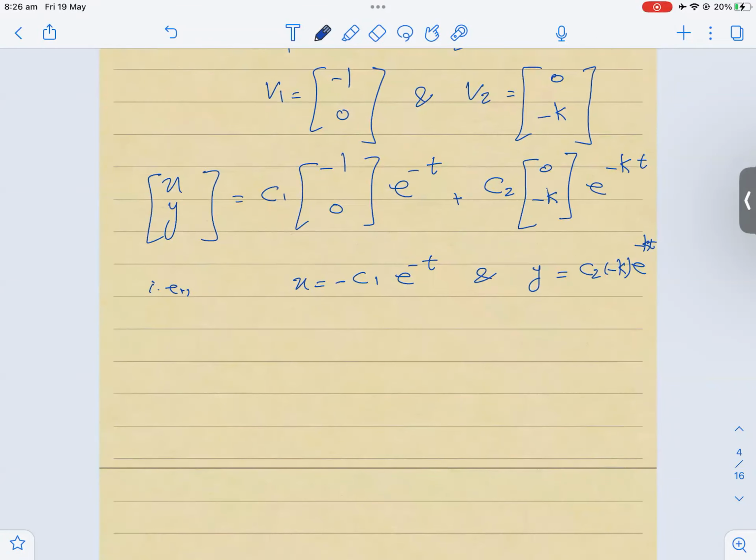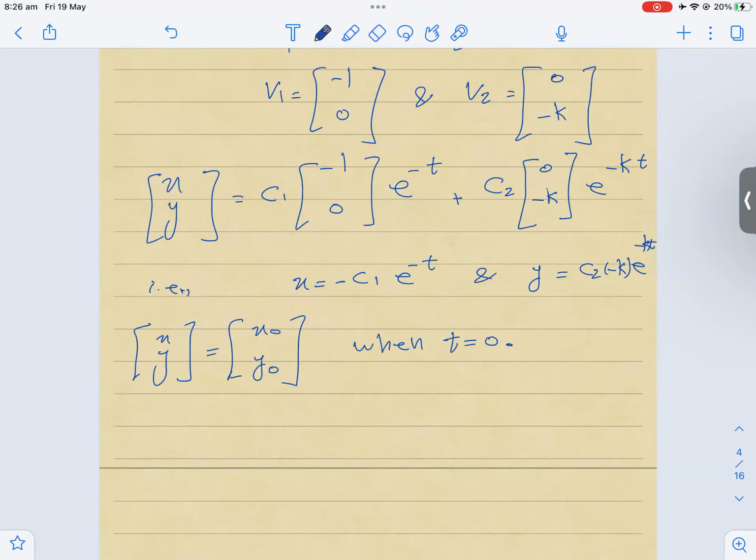Now, assume that we've got (x, y) equal to (x0, y0) when t is equal to 0.